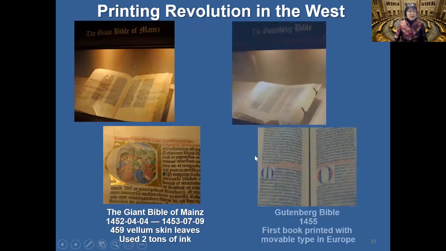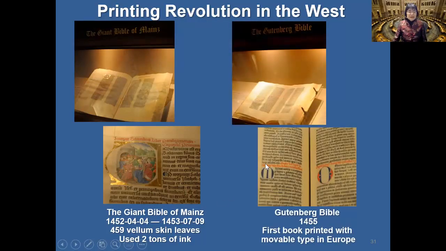But when Gutenberg invented the movable type, by the way, that was metal. Actually, the Chinese invented the movable type using wood much, much earlier. But in 1455, they really started a revolution because now you don't have to write down every word by hand anymore.